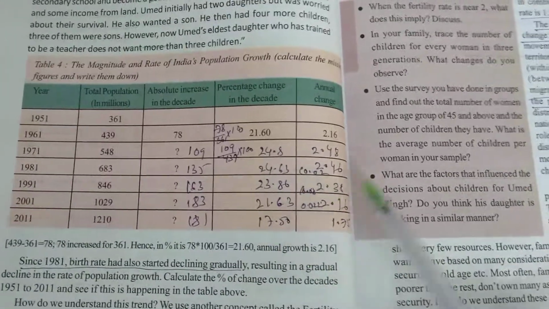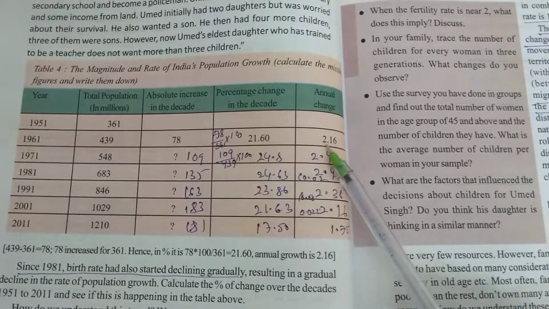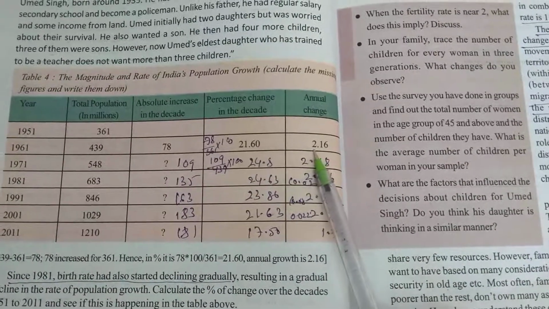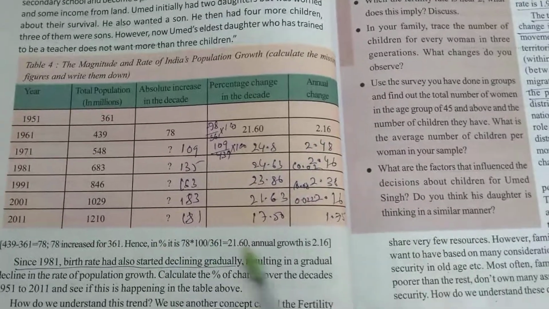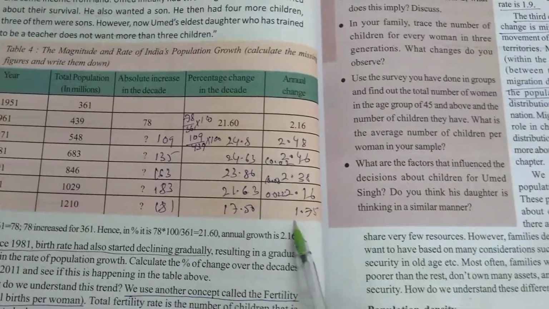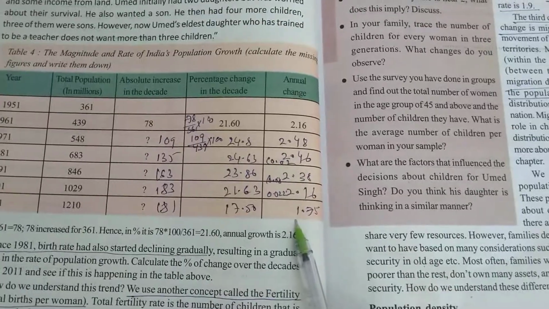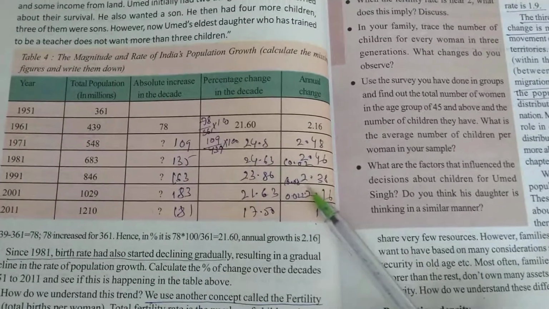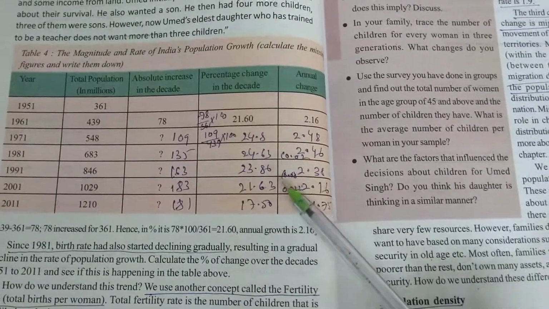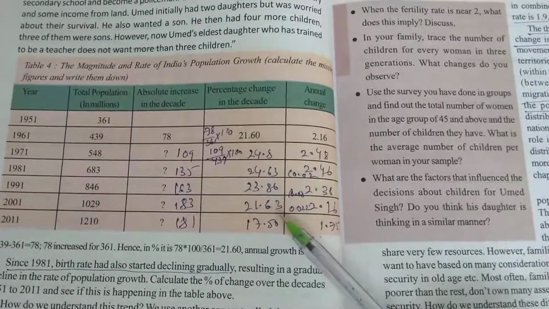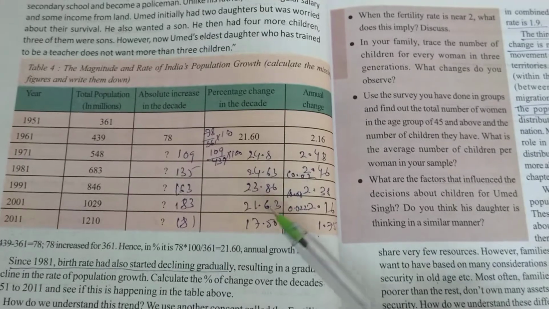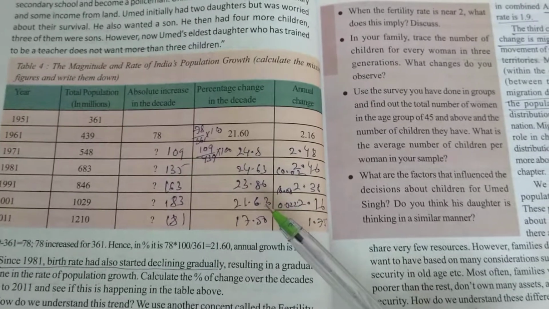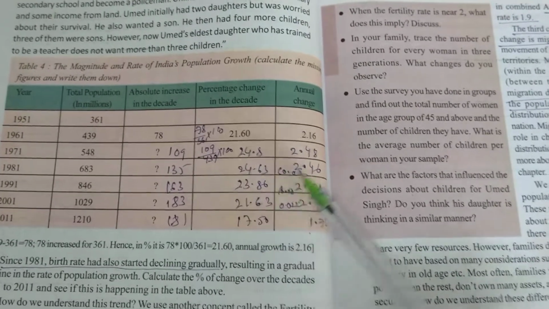See this: in 1961, the rate of annual change is 2.16, but in 2011, the annual change is 1.75 only. It is slowly declining because of education, because of awareness about the problems of more population, because of standard of living, and because of people's fertility rate.